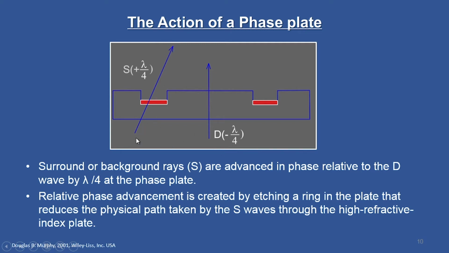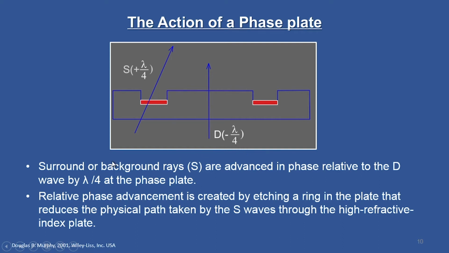One is advanced. This annulus ring is advancing the S ray by plus lambda by 4, and the other region of the phase plate is retarding the wave by lambda by 4.